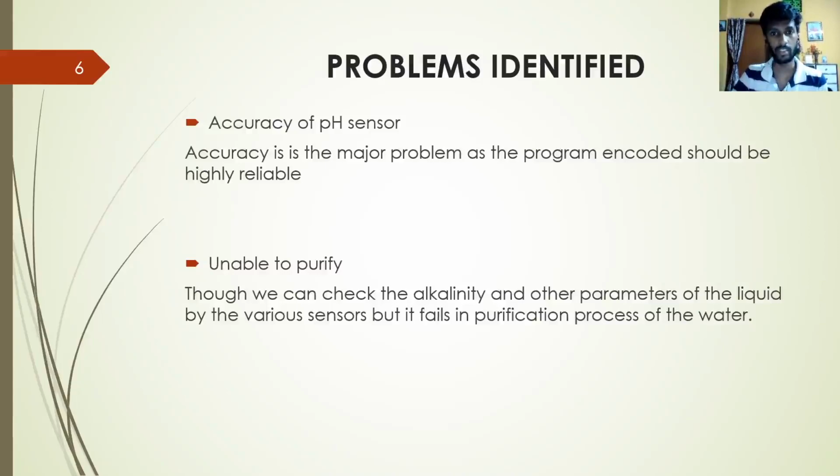So that is a problem, and the second is being unable to purify, as we are only checking the purity of the water. Suppose we are in a housing society, there is a tank, and all of the people take their drinking water from it, which is a very necessity of this society. If the system checks that this water is not pure, it will just tell the municipality or the authority by the GPS location.